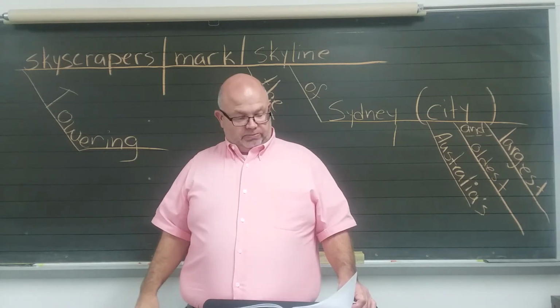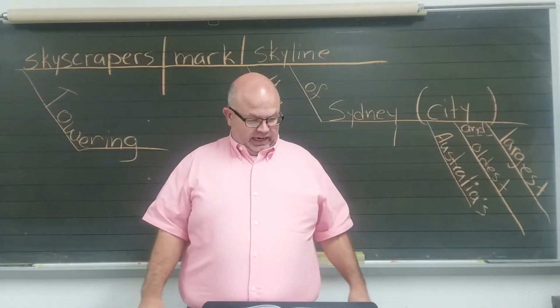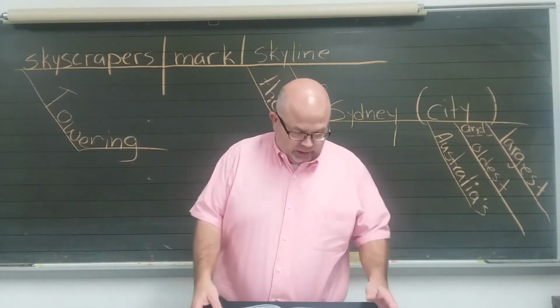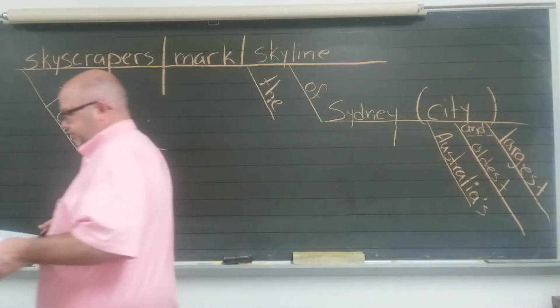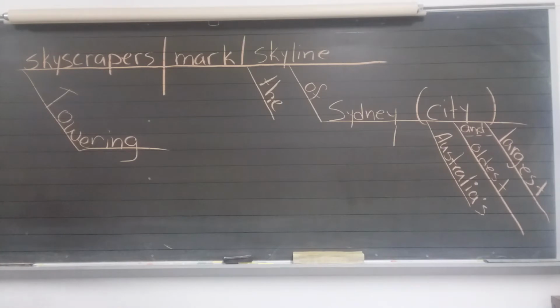All right, let's just look at some things in lesson 13. Let's look at the diagram right away. Number 27. Now I just graded a quiz where all of you except about 2 missed the participle.